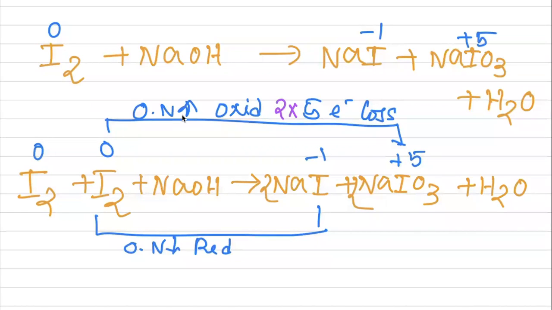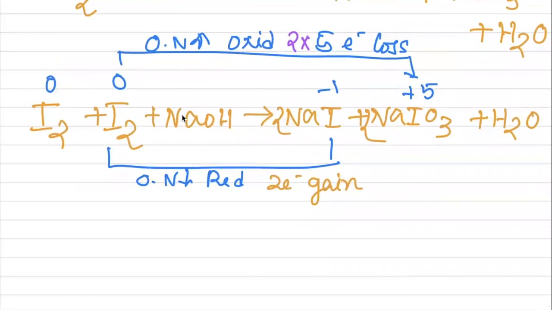So here, the reduction is 2 electron gain, and there is 5 electron loss. If I write it, then it becomes 5 I2 plus I2 plus NaOH.